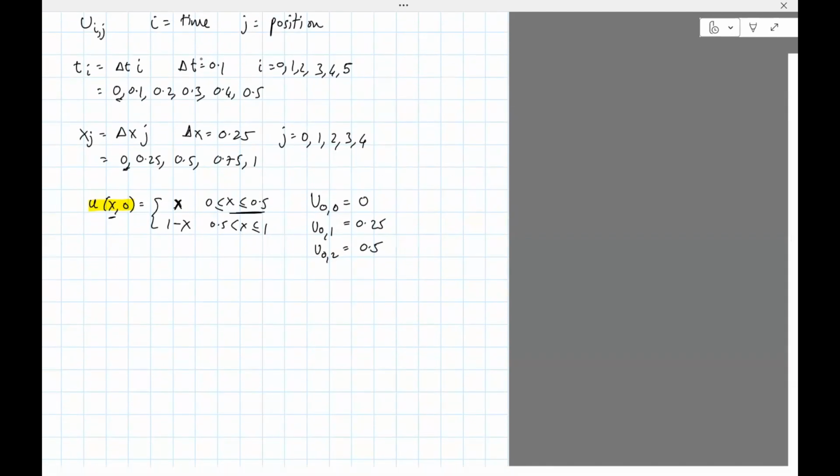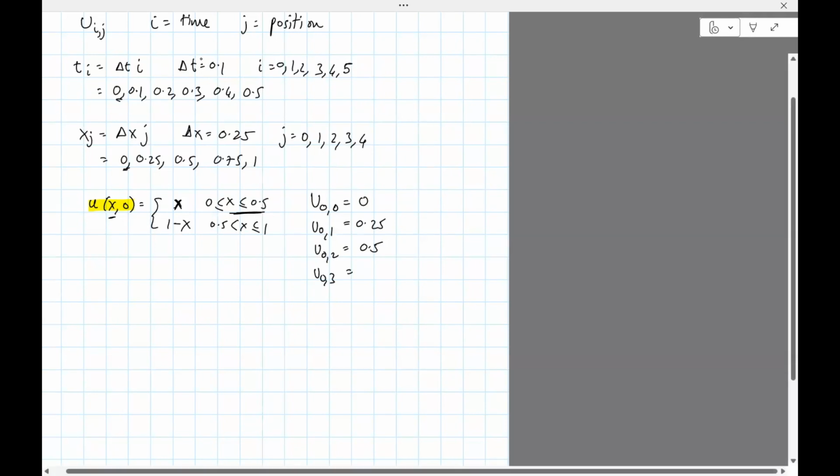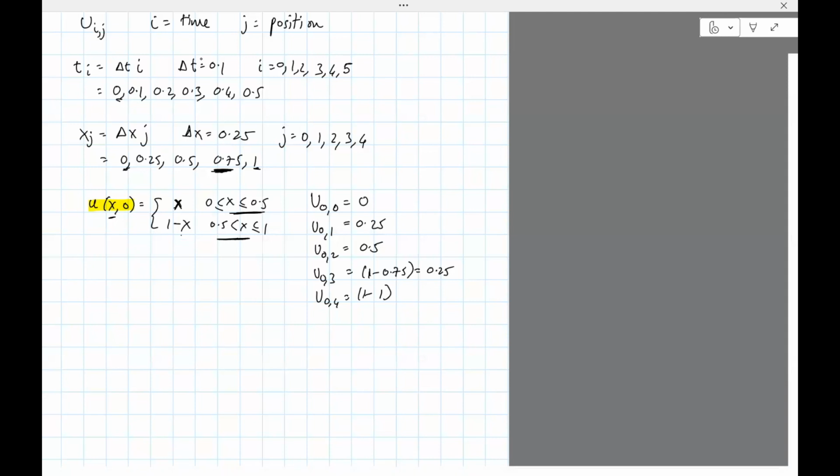Okay, that completes x from 0 to 0.5. Then if I go to 0 comma 3, the index 3 is 0.75, but 0.75 is in this range, so it will be 1 minus 0.75, which is 0.25. And 0 comma 4 is basically again in this range, so it's 1, so 1 minus 1 will be 0.